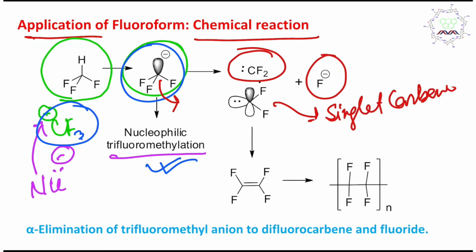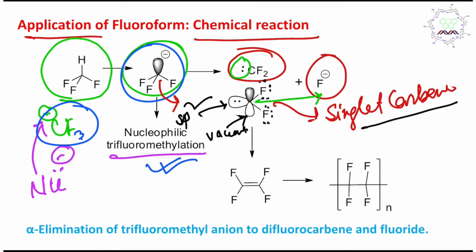Because this p orbital is vacant, and the lone pair on this fluorine atom could be delocalized into this vacant p orbital, such that the electron deficiency or electrophilicity of this carbon could be minimized. And the carbene lone pair is there in an sp2 hybridized orbital. So that's why this is actually a singlet carbene.